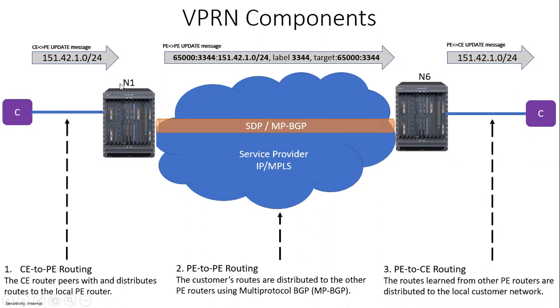So router N1 sends router N6 an update message that contains the route distinguisher, the VPN label, the IPv4 prefix that VPN label corresponds to, as well as the route target that dictates the VPRN that the IPv4 prefix belongs to.